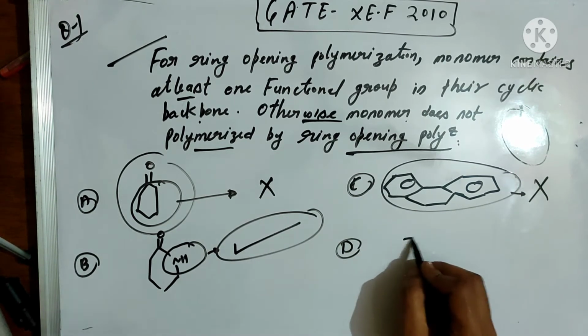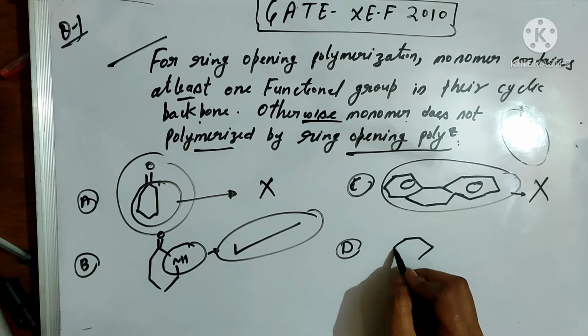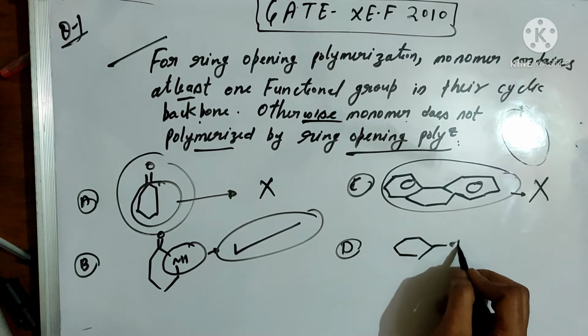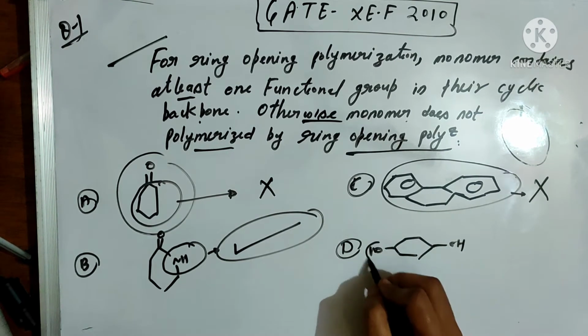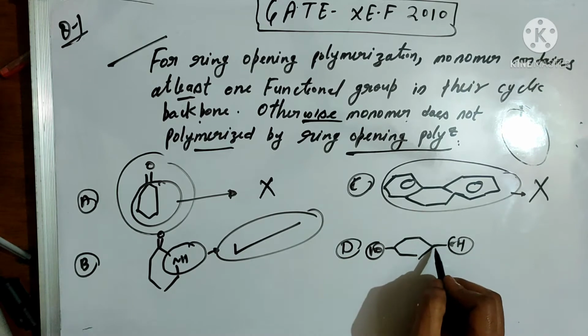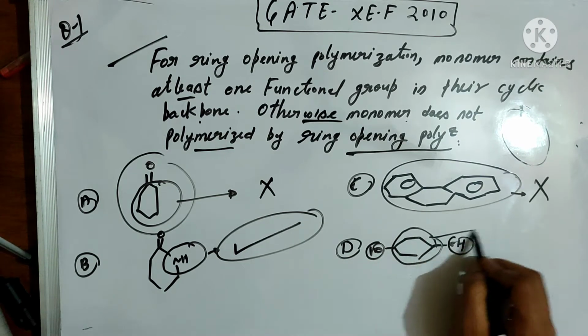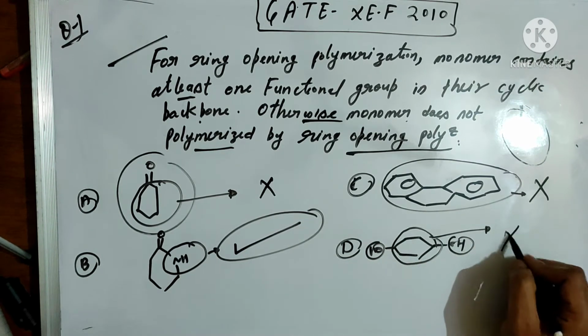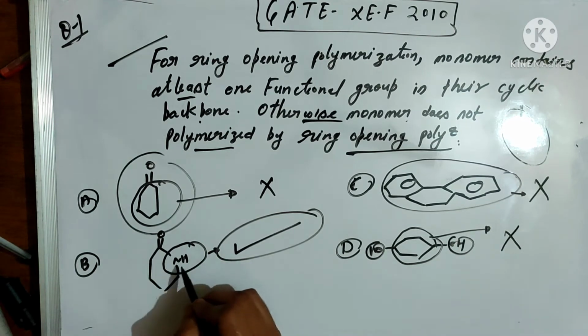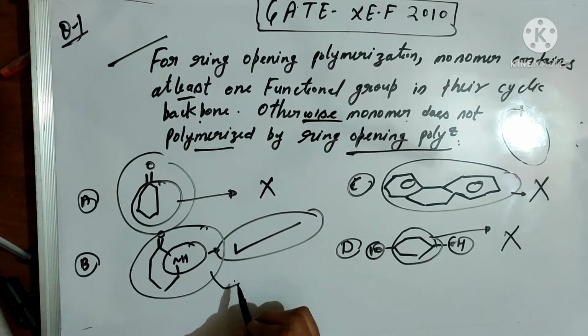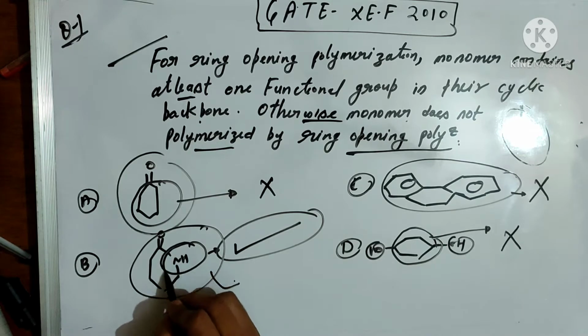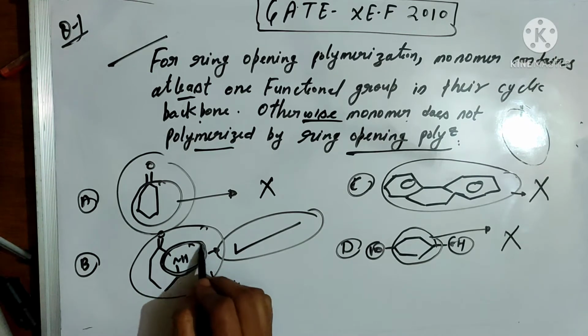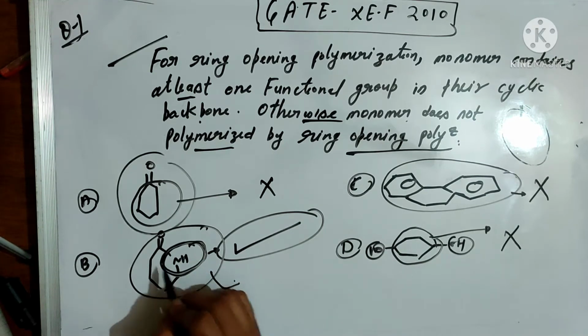Similarly, option D has the functional group but not in its cyclic structure, so it will also not be polymerized by ring opening polymerization. So only option B is polymerized by ring opening polymerization, due to the presence of the functional group in its cyclic structure.